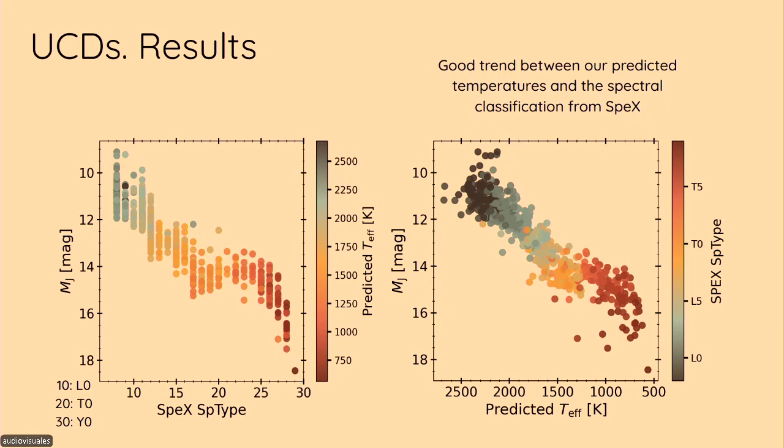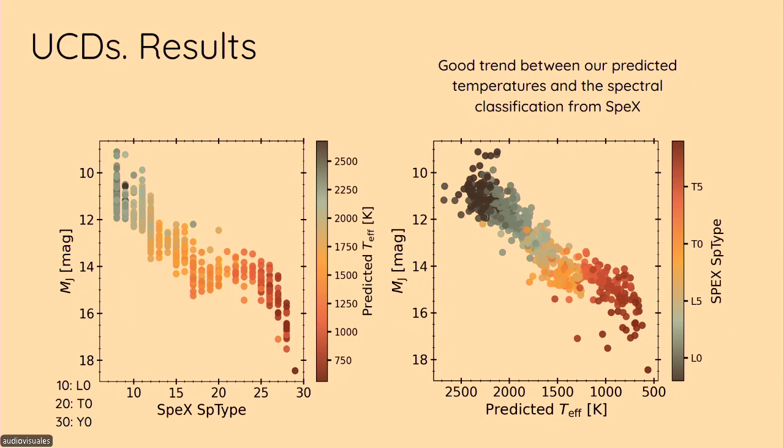And we can see a very good trend: as the spectroscopic spectral type goes up, so it goes to cooler objects, also our estimated effective temperature is going down, okay? And as you can see, there is a plateau, a horizontal line in this relation, which is actually due to the LT transition that I mentioned in the HR diagram at the start of the talk. And we will look into it in the next slide.